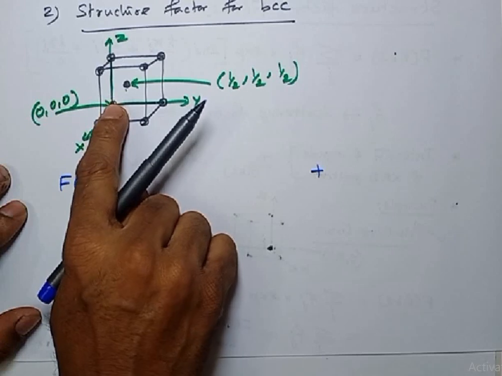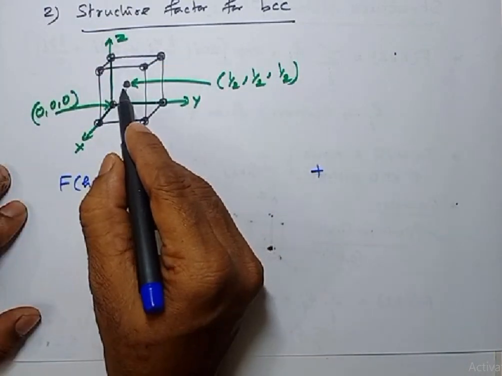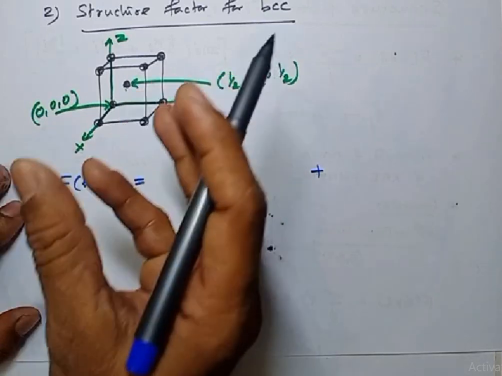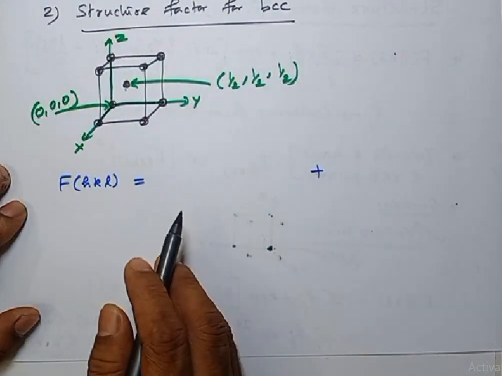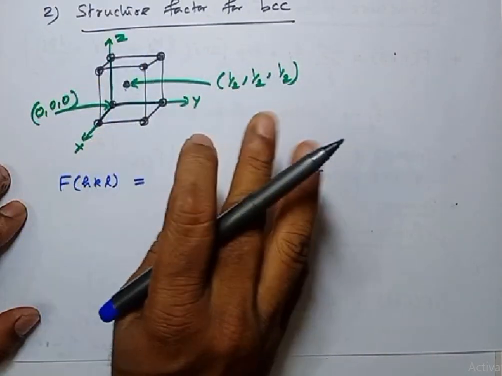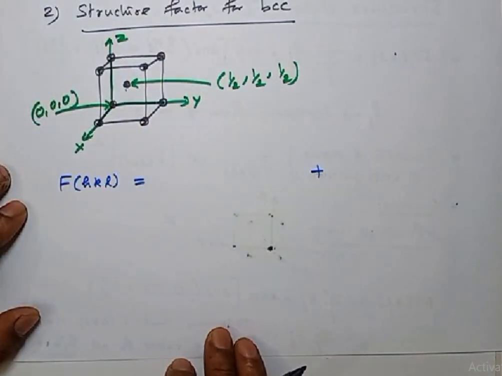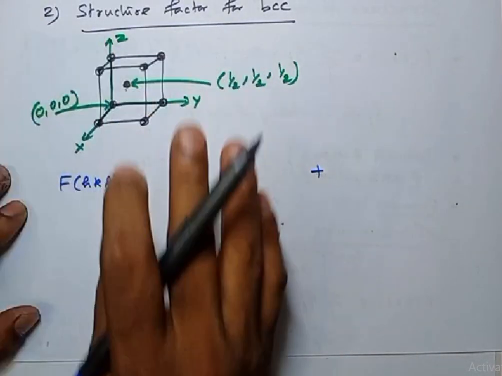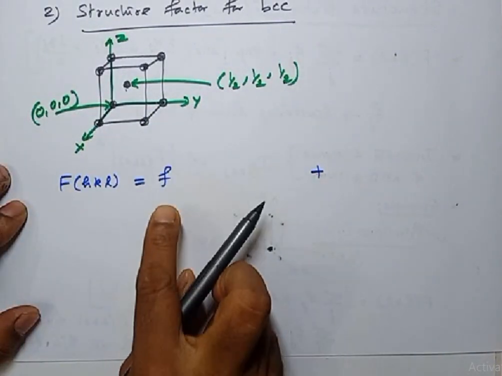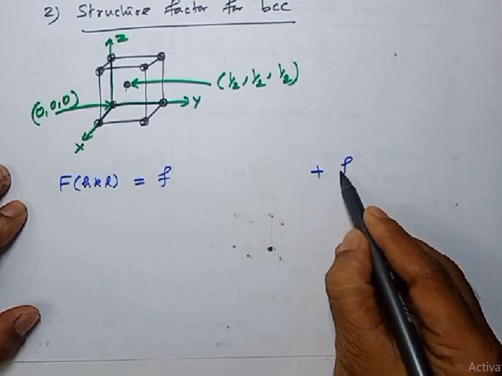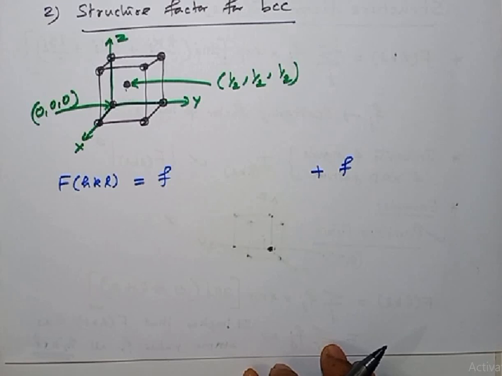Let us assume all the atoms are the same. Suppose you take sodium metal. Sodium metal forms a BCC unit cell. So all the corner atoms are sodium, and the body center atom is also sodium. So let us assume that all the atoms are similar. If all are similar, then the scattering factor for the corner atom and the scattering factor for the central atom are supposed to be the same, correct?